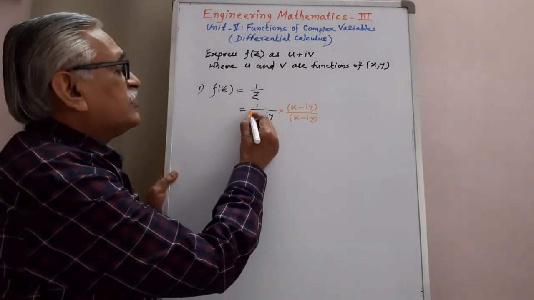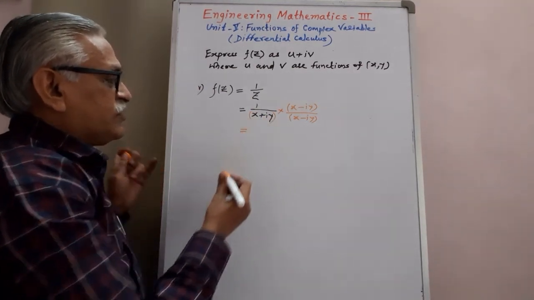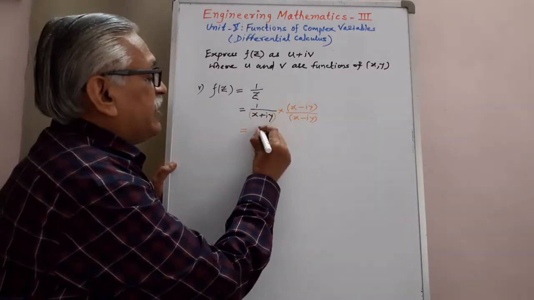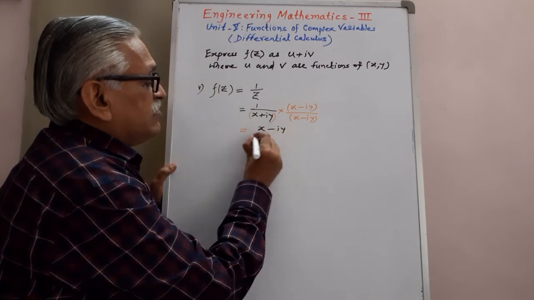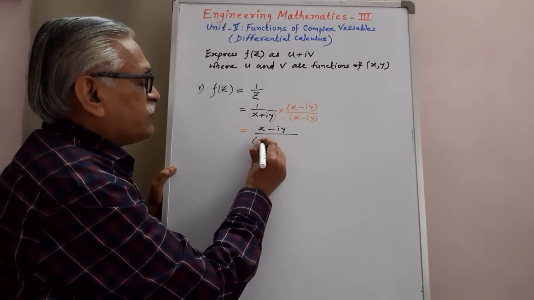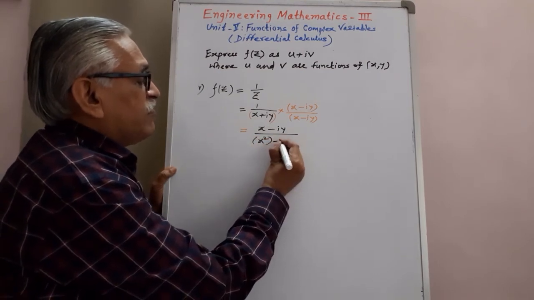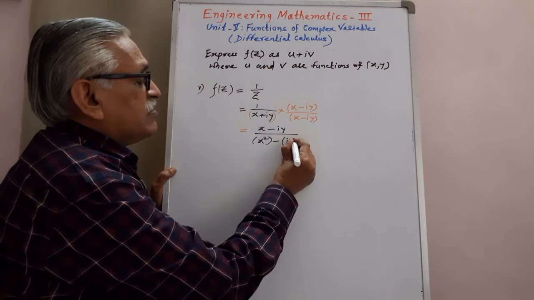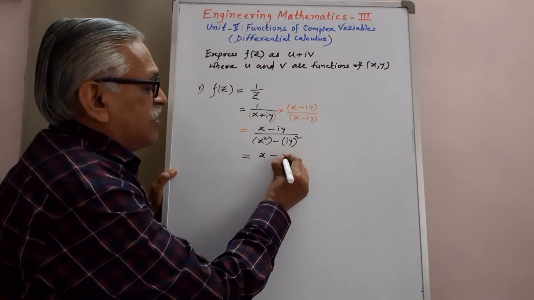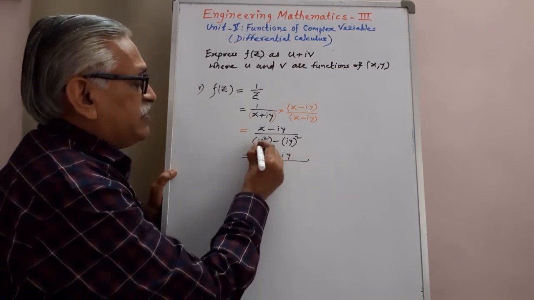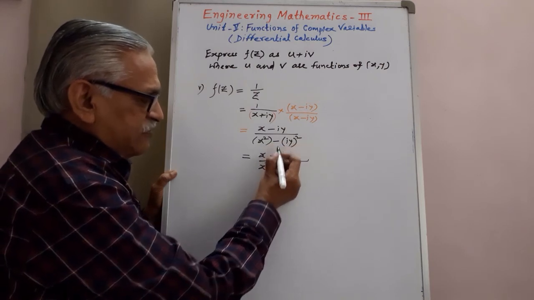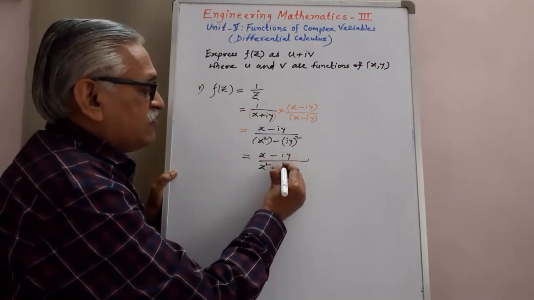Multiplying and dividing by its conjugate, it is equal to 1 into x minus iy. For a plus b times a minus b, the product is a square minus b square. A square means x square, minus b square, and therefore it is equal to x minus iy divided by x square. i square is minus 1, and this minus will become plus y square.